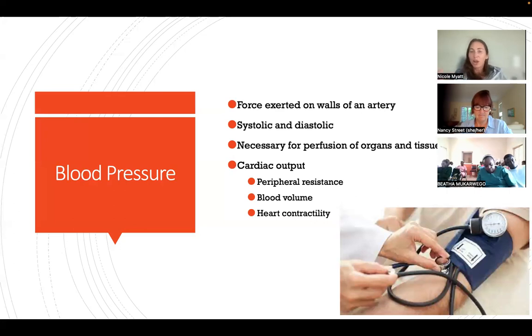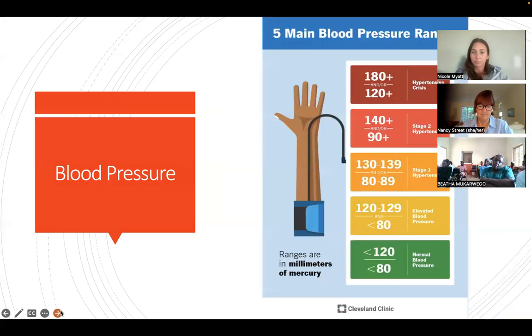If your heart muscle is weak and not able to pump very much, then that is going to cause a drop in your blood pressure. Vice versa, if you're very young and fit and you have a really strong muscle, then your heart is going to be able to pump really efficiently.